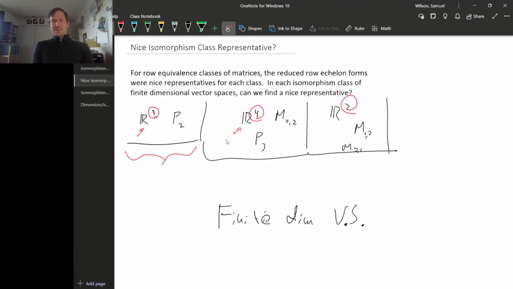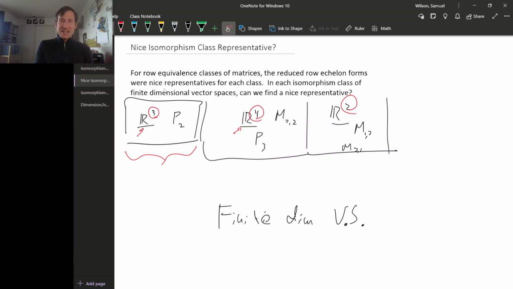Well, if you look at all of these examples, not only do the Euclidean spaces appear to be serving as nice class representatives, but it looks like what determines what is in each class is actually the dimension of the vector space.